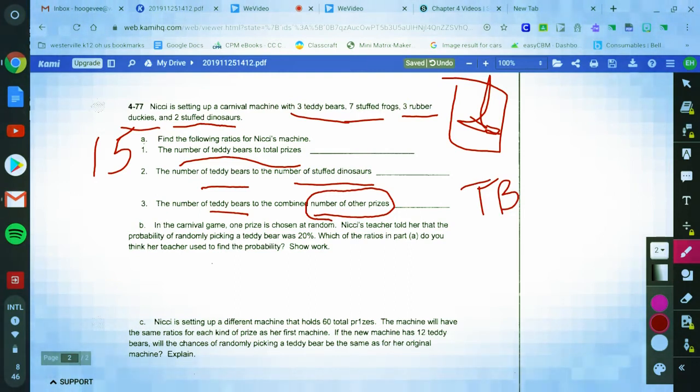Now, B is asking that Nikki's teacher did the probability. So she's saying she has a 20% chance to choose a teddy bear out of the machine. So using that 20% and knowing from number 1 the ratio that you used, you can write right down here, is that equal to 20%?